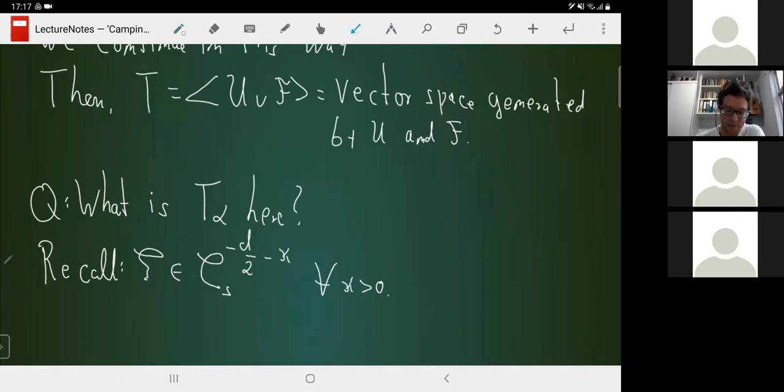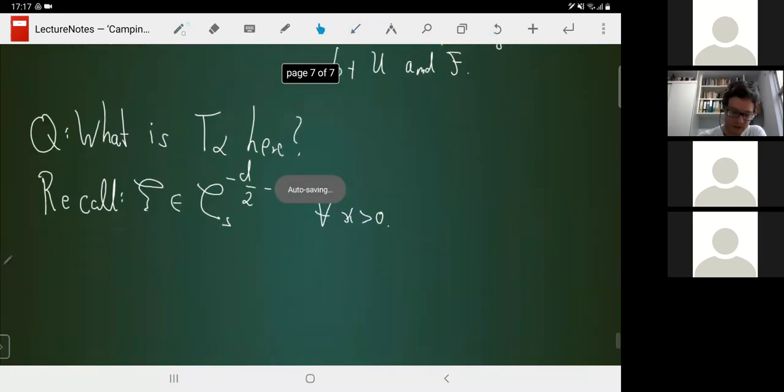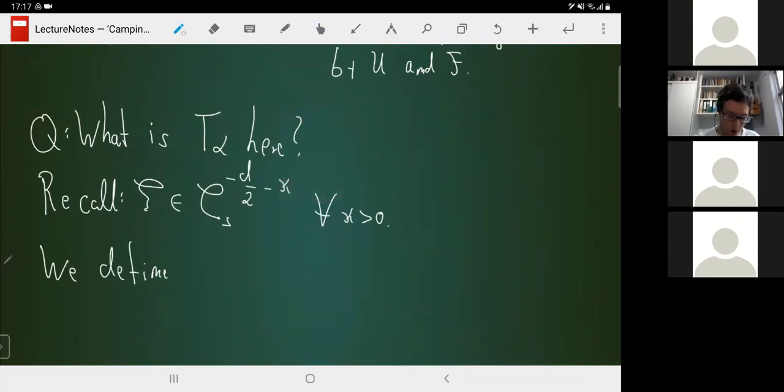Here you need to think of kappa being very, very small. So we define the order of the abstract symbol psi as minus d over 2 minus kappa.